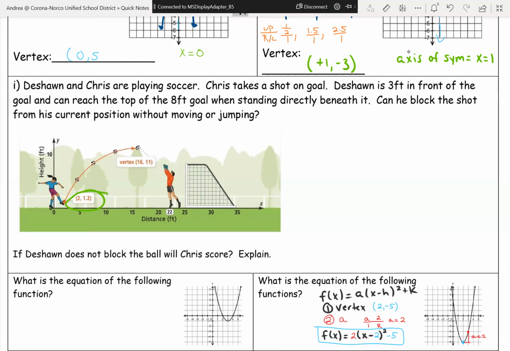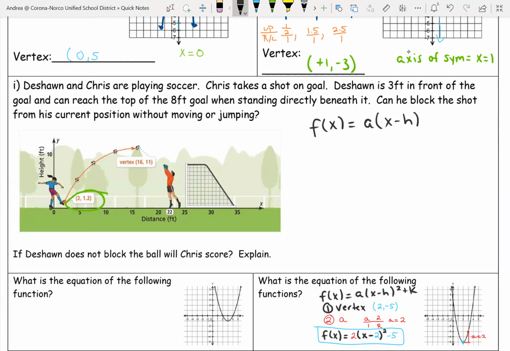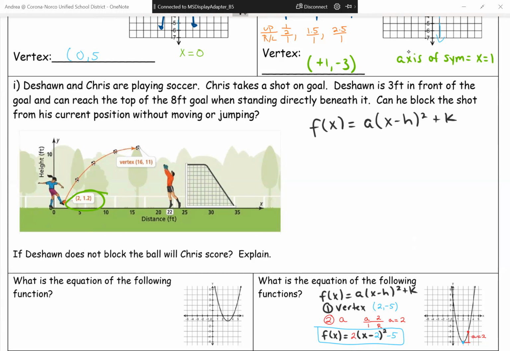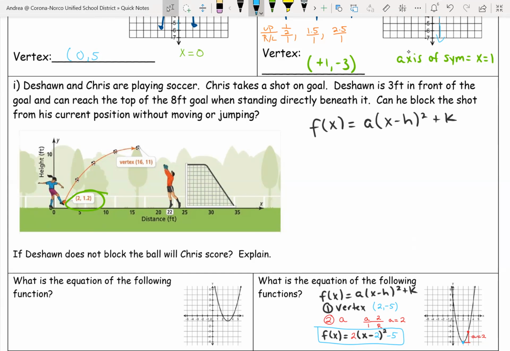In order to do this, we need to be able to write our function in an equation. I need to write an equation so I can predict. They didn't give me much, but they did give me my vertex.